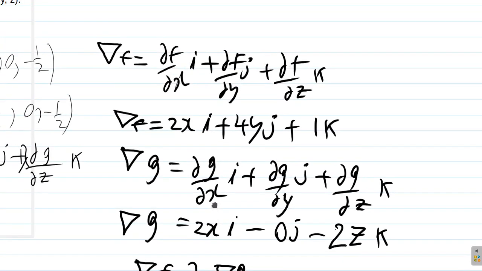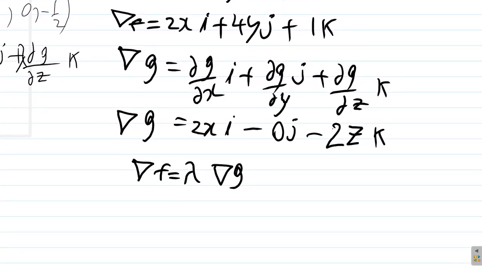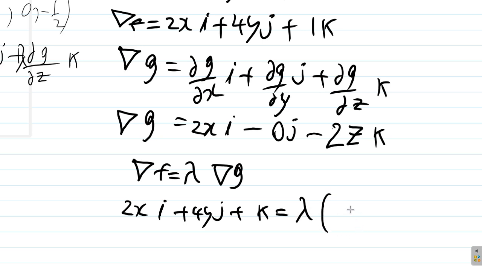What we have is 2xi plus 4yj plus k is equal to lambda times, then we have 2xi minus 0j minus 2zk.